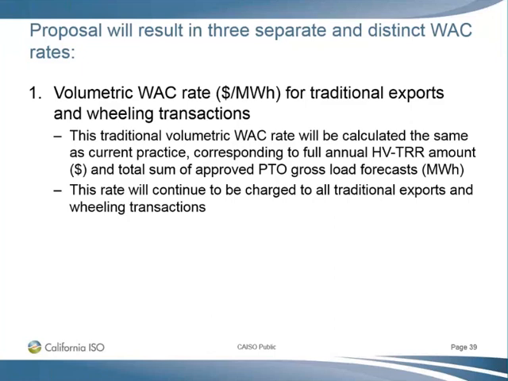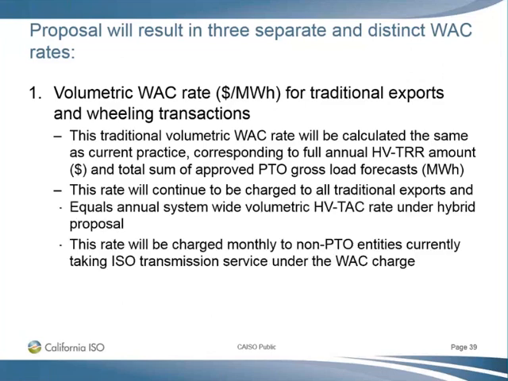So we keep the rate today for all the traditional exporters and wheelers that we have going on right now, besides these non-PTO entities that are like an internal load, for instance NCPA and some of the other MSS areas, similar to CDWR, I believe, and others that might take this kind of service.